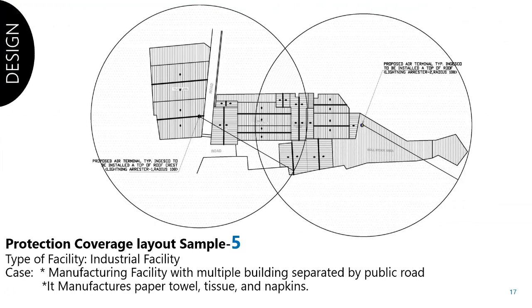In terms of protection radius, I have here sample number 5: industrial facilities, in this case manufacturing facilities with multiple buildings separated by public roads. The manufacturing here is of paper towels, tissues, and napkins.